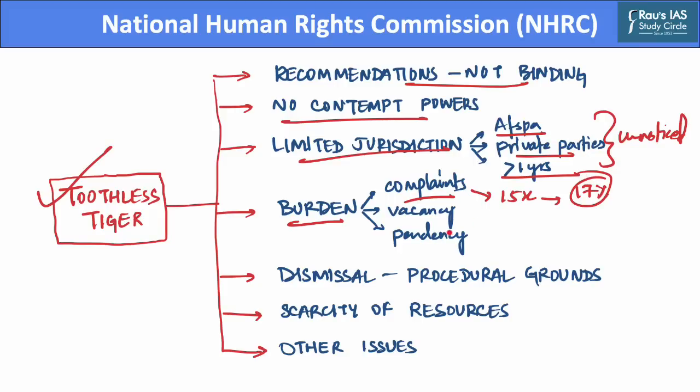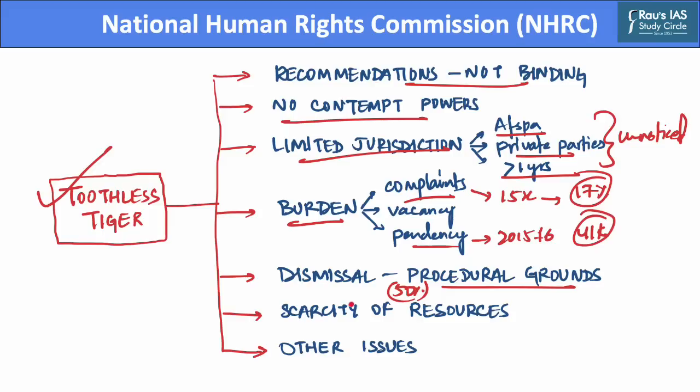Further, this has led to an increase in pendency of cases, such as in the year 2015-16, when it saw more than 41,000 pending cases. Further, the Commission has disposed of about 50% of the complaints on procedural grounds, and this has limited the impact of the Commission on improving the human rights situation in the country.